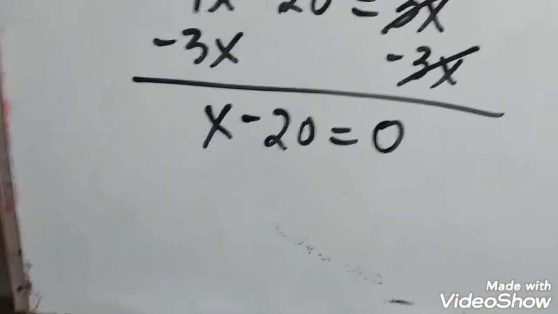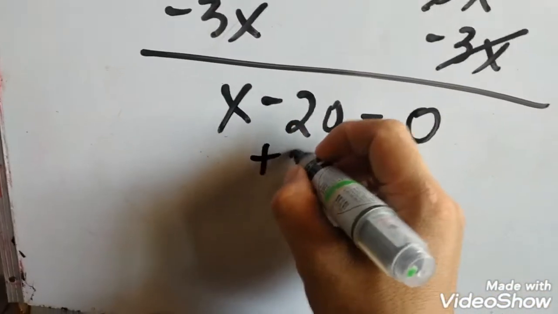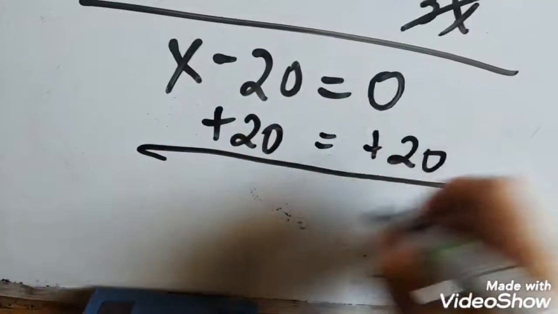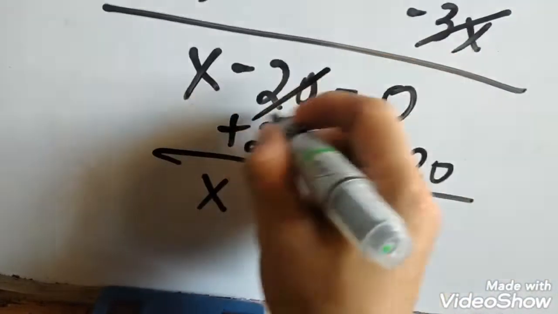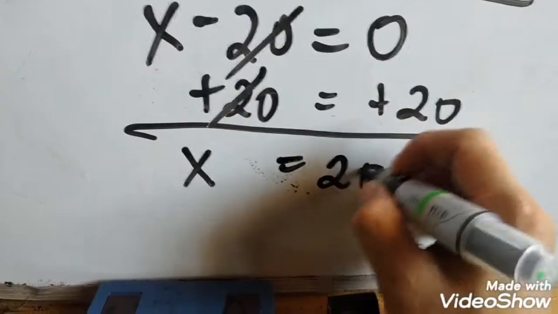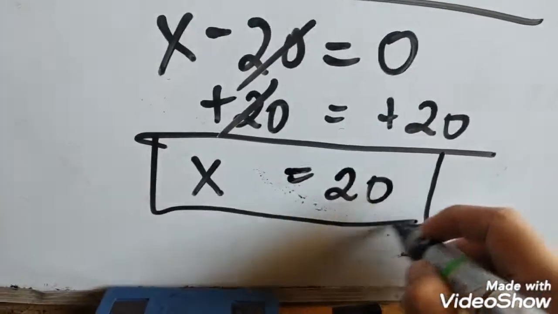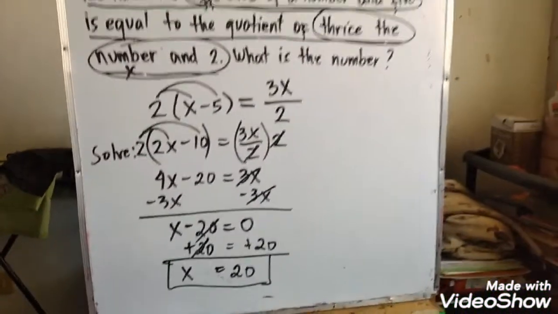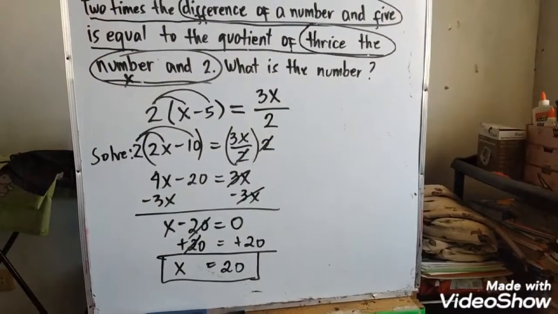Now, to isolate x, we apply addition. We add 20 to both sides. So x is equal to 0 plus 20, which is 20. Therefore, the number that we are looking for is 20. So that is how we solve a word problem.